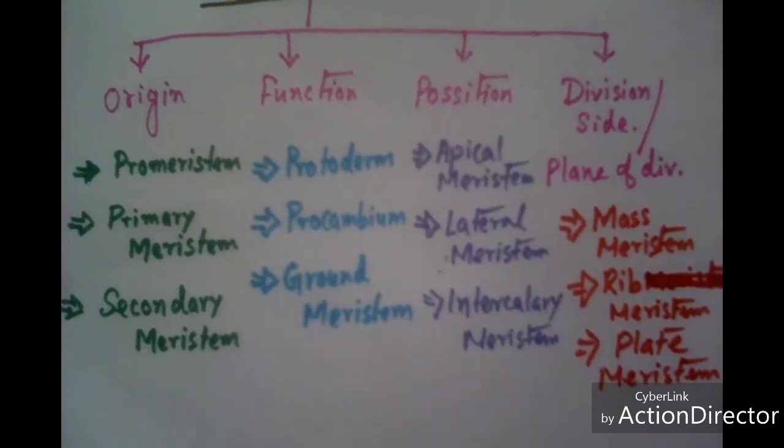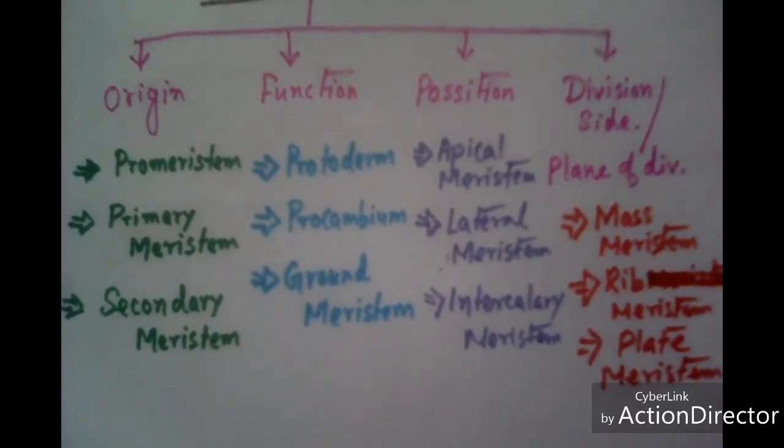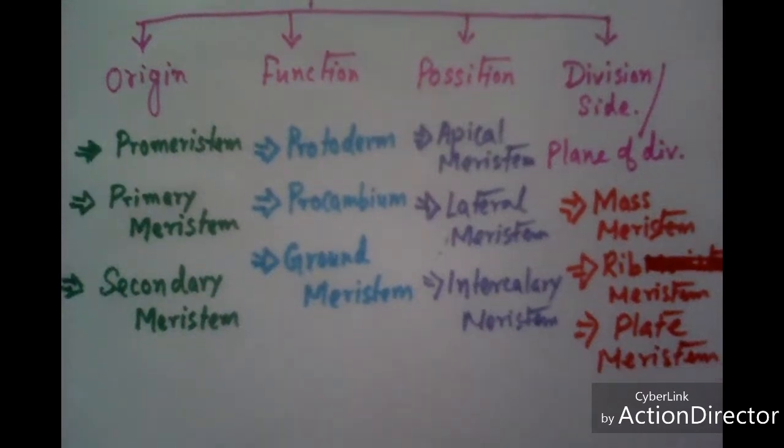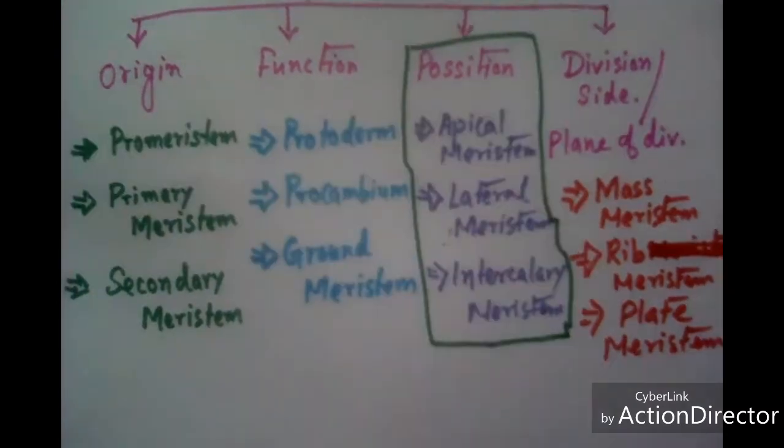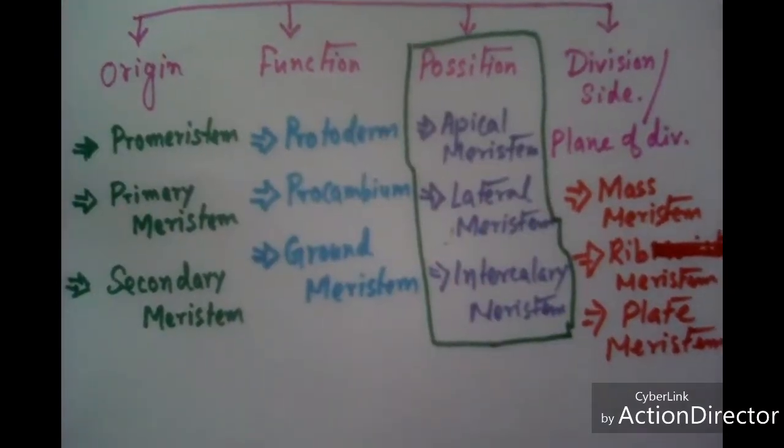And according to their plane of division: mass meristem, rib meristem, and plate meristem. In this video I will discuss all types of meristematic tissue.